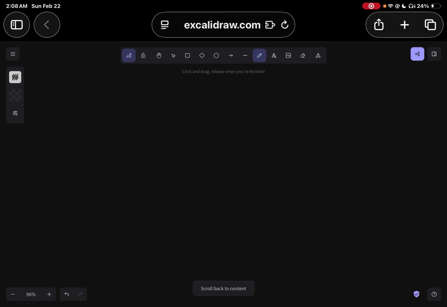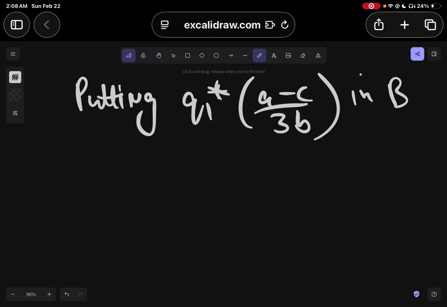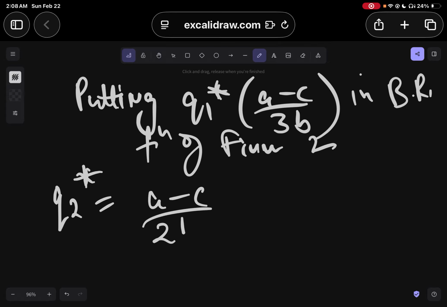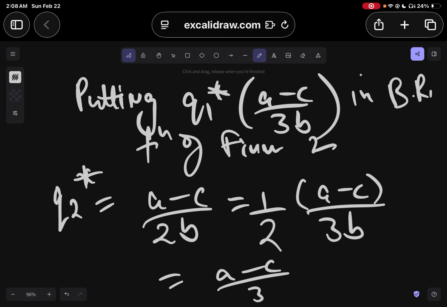Yeah, so putting Q1 star in the best response function of firm 2, Q2 star will be A minus C upon 2B minus 1 by 2 times A minus C upon 3B, which will be A minus C upon 3B.